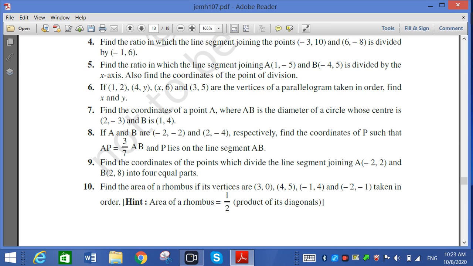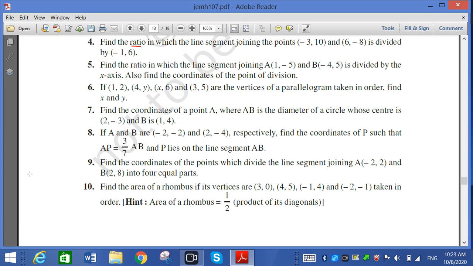Find the ratio in which a line segment joining the points is divided. So we have to find out the ratio here. We can take any one value; it is not necessary to compare both x and y.